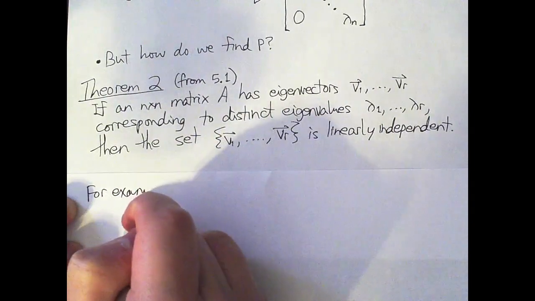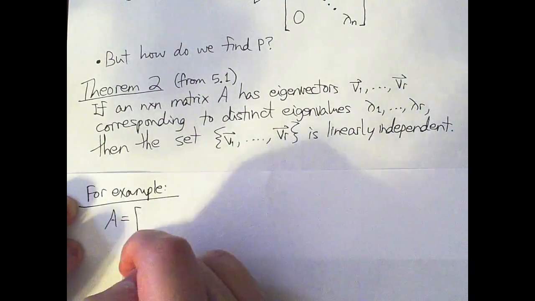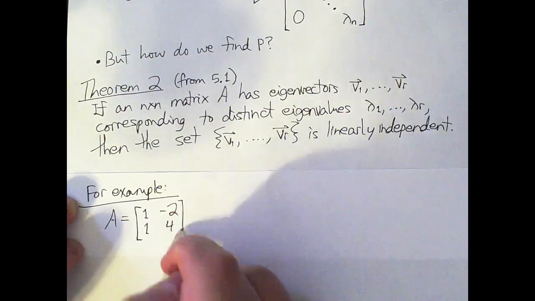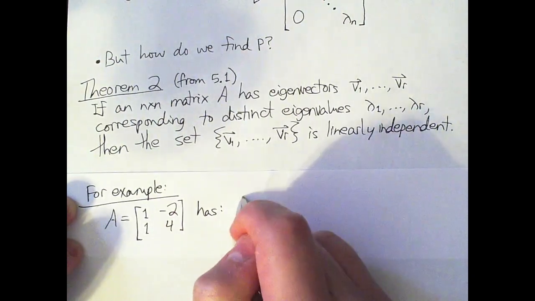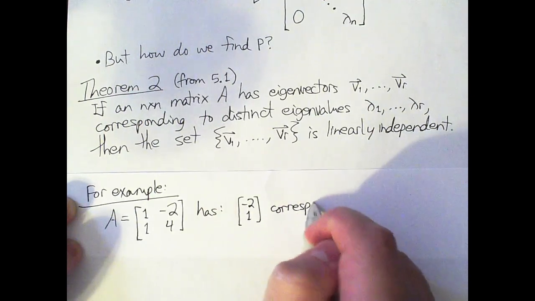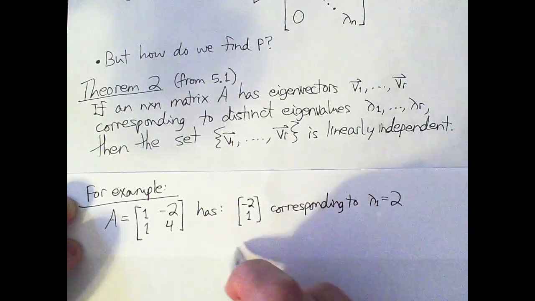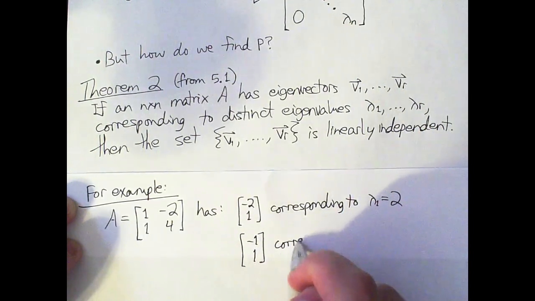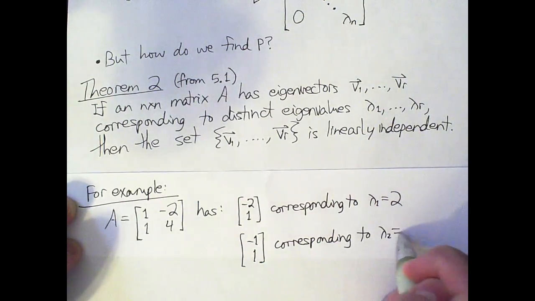For example, this was a 2x2 problem that we did a couple of lessons ago. This 2x2 matrix has this eigenvector corresponding to lambda 1 equals 2, and this eigenvector corresponding to lambda 2 equals 3.